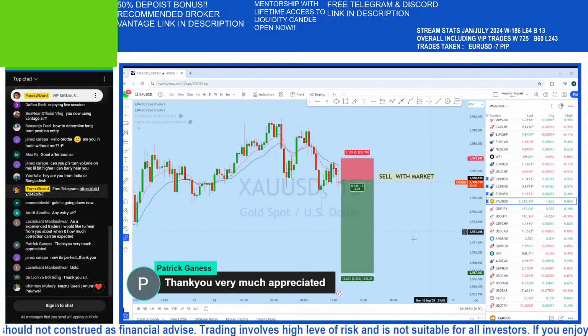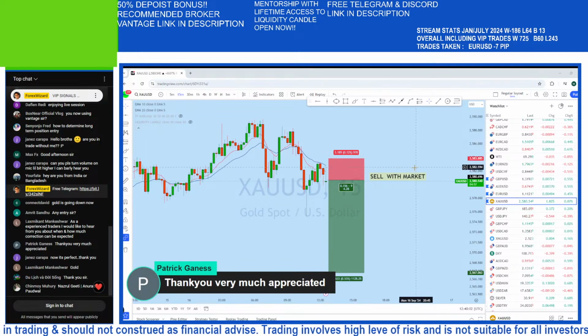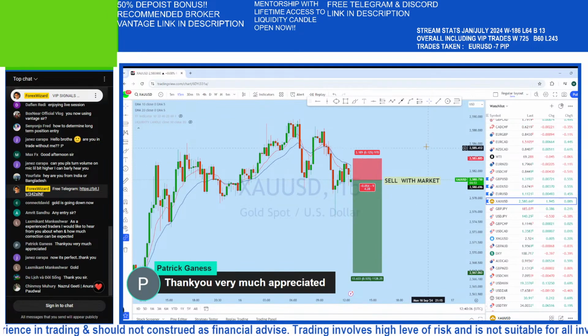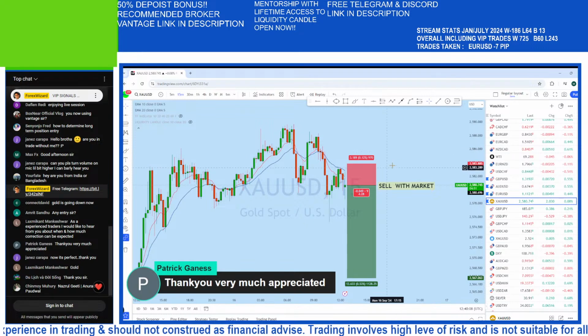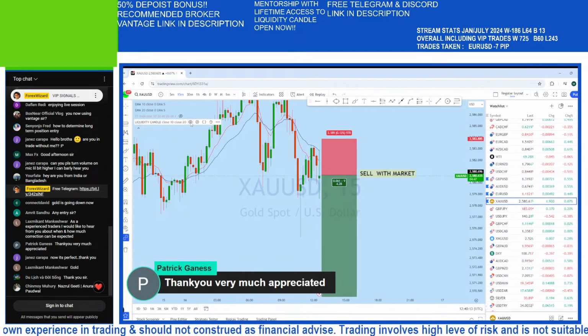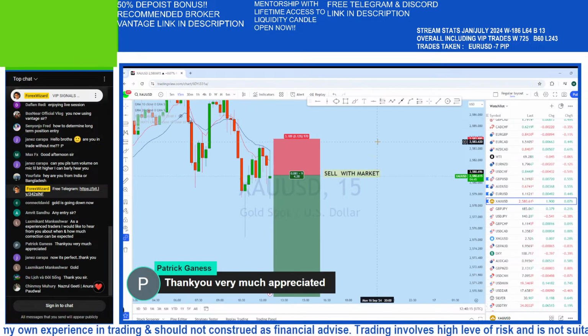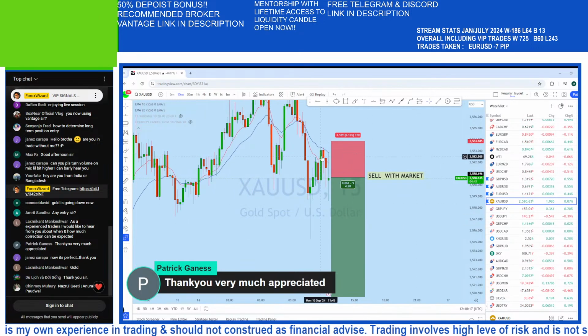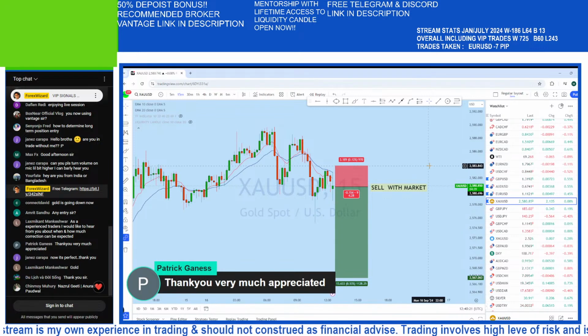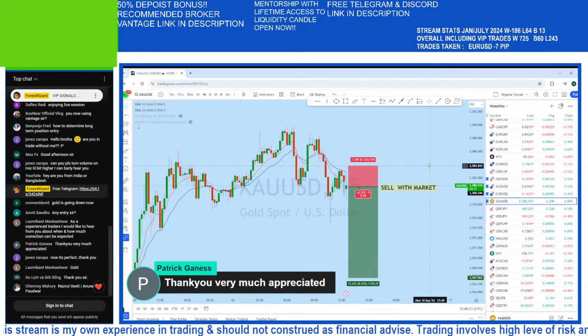So let's see where it is heading. I'm short on gold with a sell market and expecting this candle to close as a red candle, which will be another potential liquidity candle if it drops, because it's also forming that, not fully developed yet, but we might see.